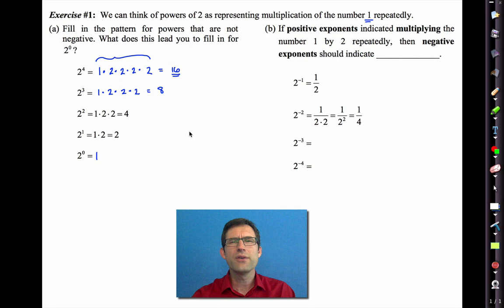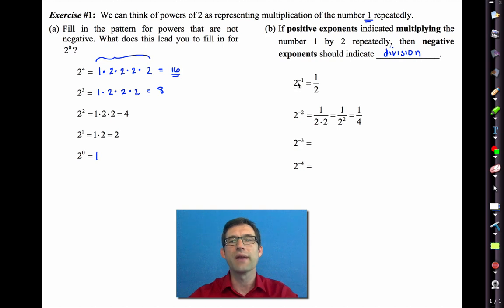Now, what do negative exponents mean? Well, if positive exponents indicate multiplying the number 1 by 2 repeatedly, then negative exponents should indicate division. Doesn't that make sense? Positive exponents mean multiplication, negative exponents mean division.